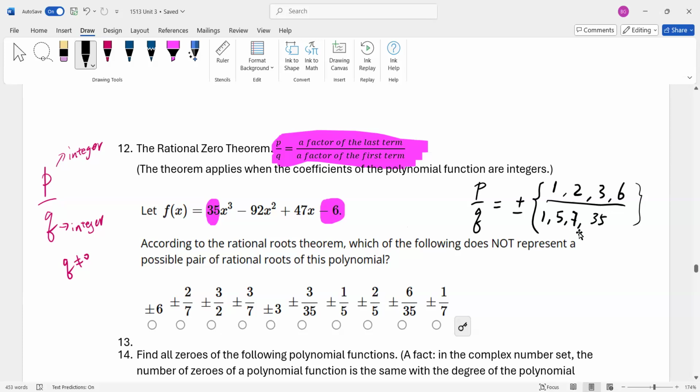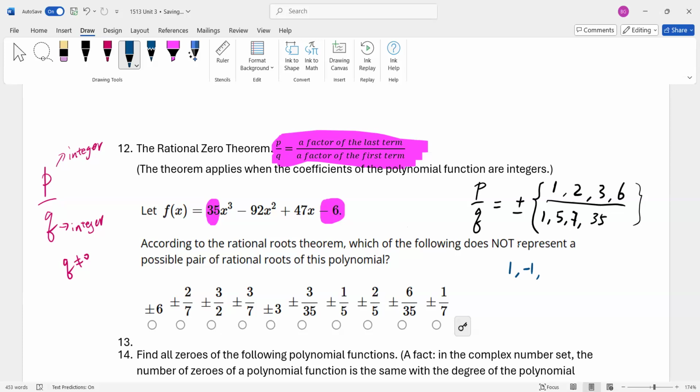And below the fraction bar, I have all the factors of the leading coefficient. And how do we understand this notation? P over Q could be 1 over 1, right? 1 over 1 is 1. And remember, we have plus minus in front of that, so -1 is also a potential rational zero.